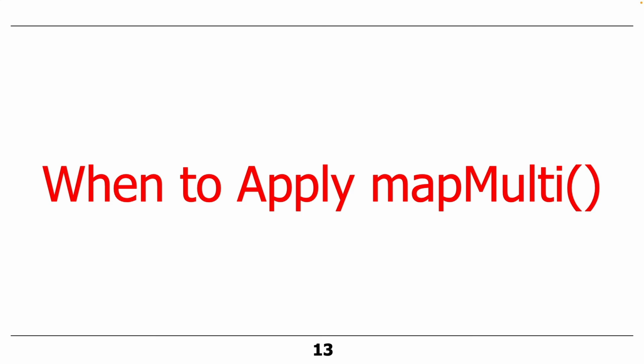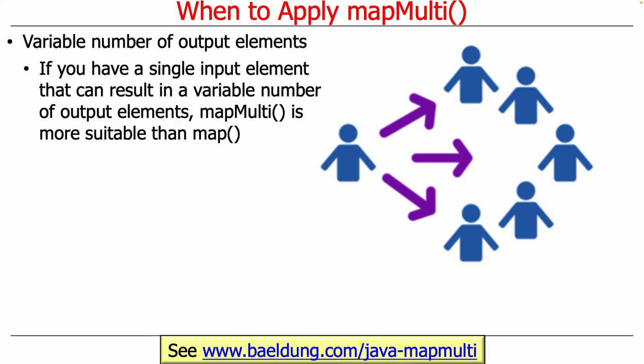So when should you apply mapMulti? Well, if you have a variable number of output elements. Remember, by definition, map always generates the same number of output elements as there are input elements, unless an exception is thrown. But if you want to have more elements, then mapMulti is more suitable than map, in much the same way that flatMap is more suitable.